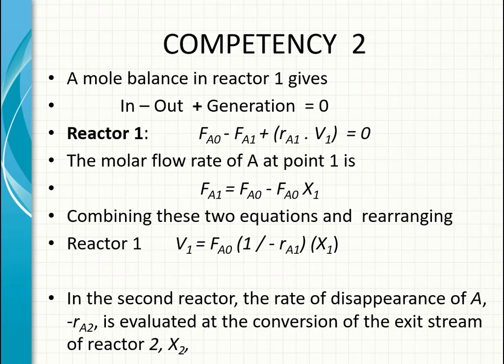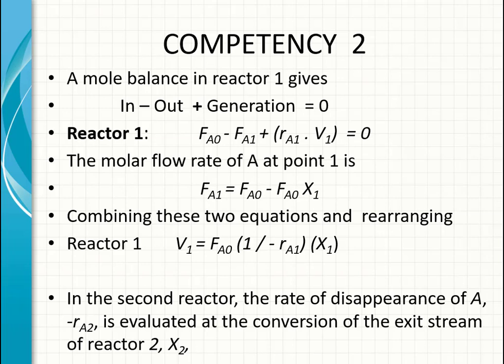The molar flow rate of A at point 1 is FA1 equal to FA0 minus FA0 times X1. Combining these two equations and rearranging, for reactor 1 the volume V1 equals FA0 times 1 divided by minus RA1, all that times the conversion X1.